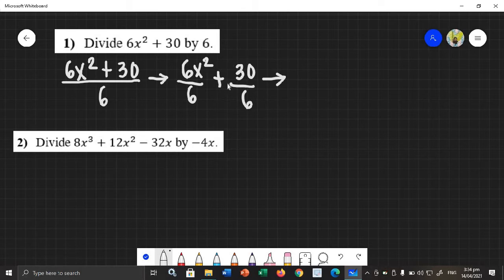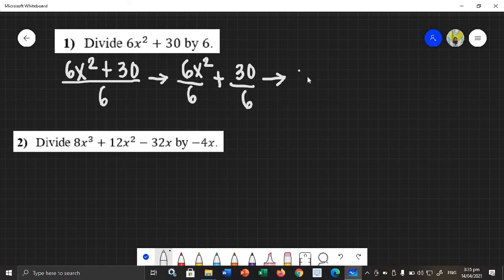Let's divide individually now. So the first one is 6x squared divided by 6. 6 divided by 6 is equal to 1. And then we just copy the x squared. Or simply, the answer there is x squared. Even if we don't write the 1, it is understood that the coefficient of x squared is equal to 1.